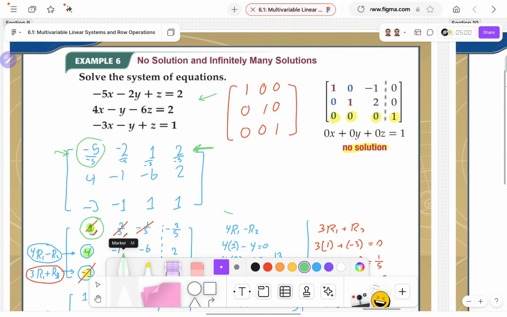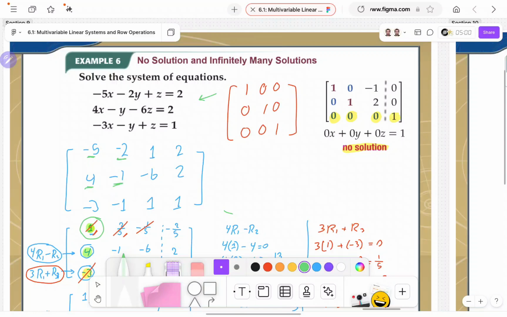For example, look at the y. Let me erase this for just a second to make it clear. Now, look at row 1. Here it's negative 5, here it's 4, and here it's negative 2, here is negative 1.